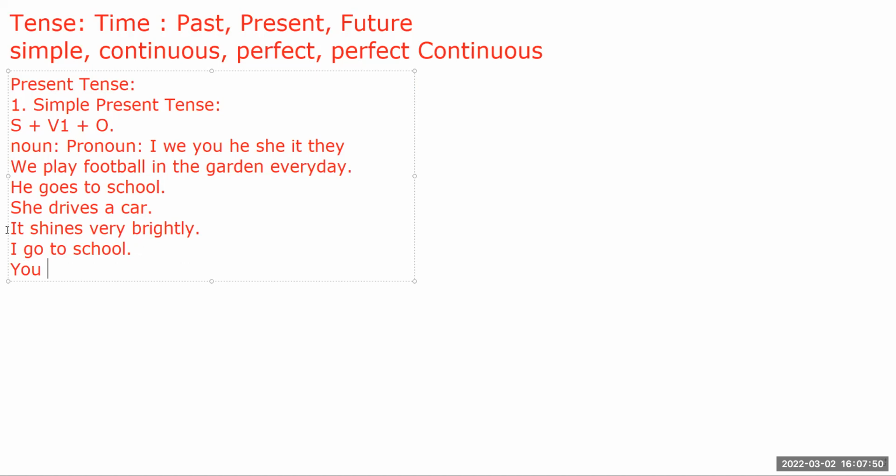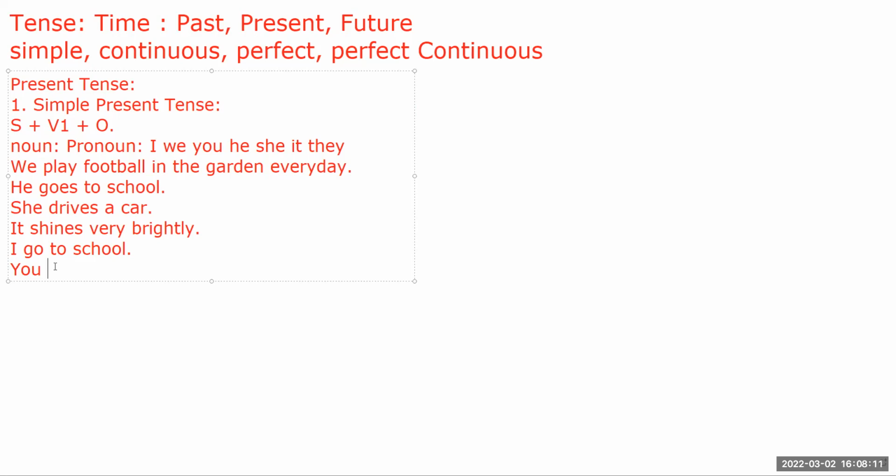Everything is in front of you. काय करायचे now? Subject already आपण काय घेतला? We used you. Now we need this. So you can use any verb here and help me. Abhishek. You people are not responding at all.